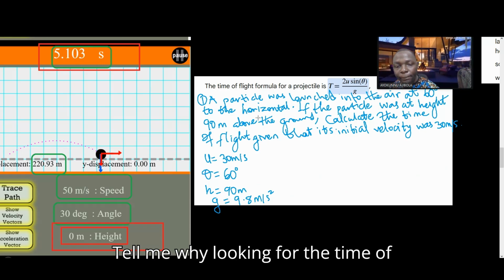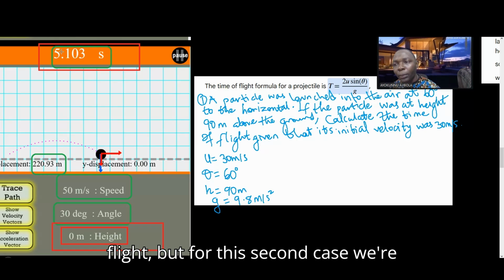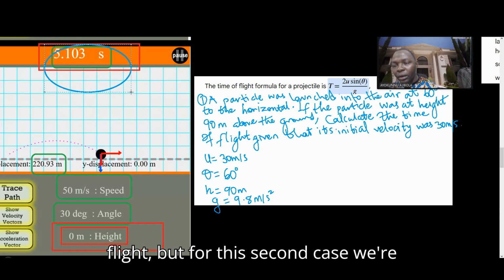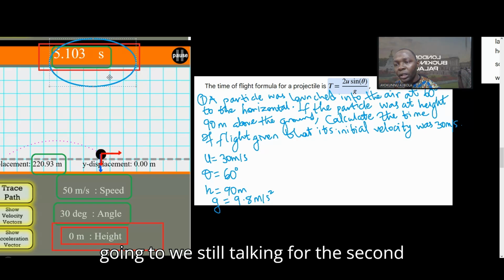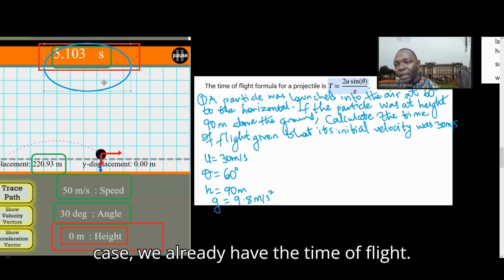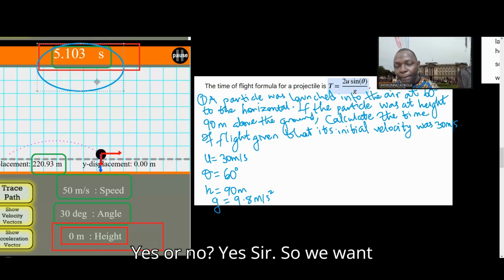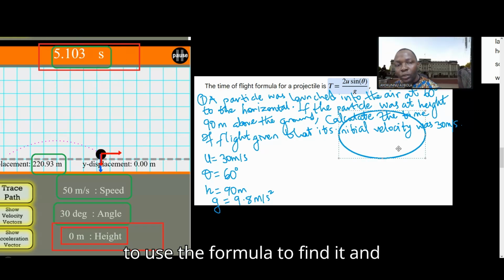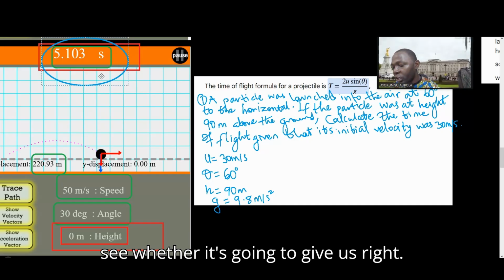We are looking for the time of flight. But for this second case, we already have the time of flight, yes or no? Yes, sir. So we want to use the formula to find it and see whether it's going to give us, right?